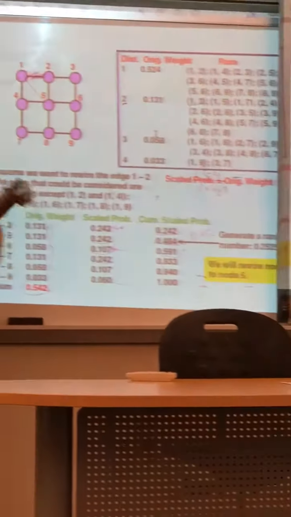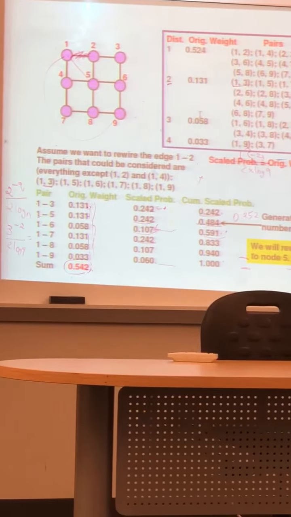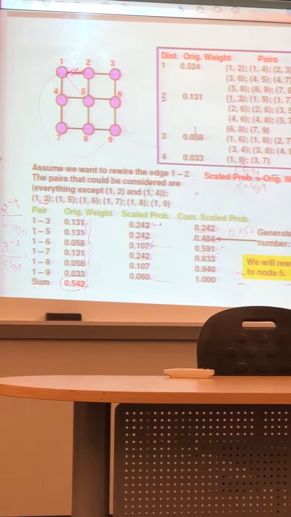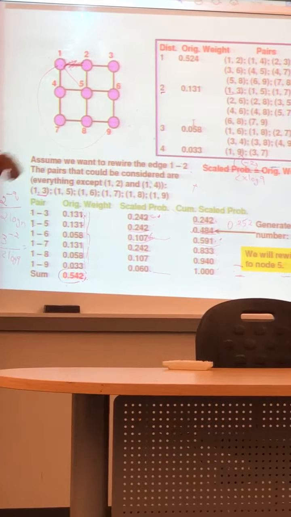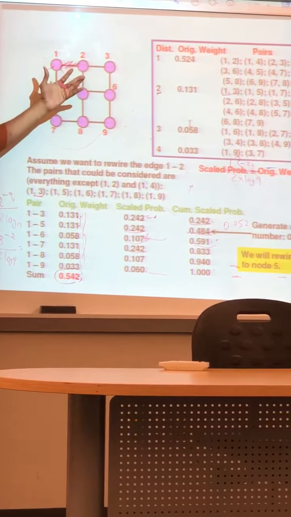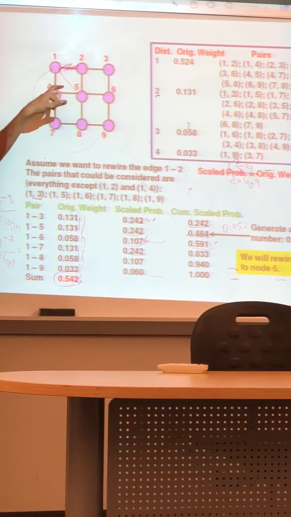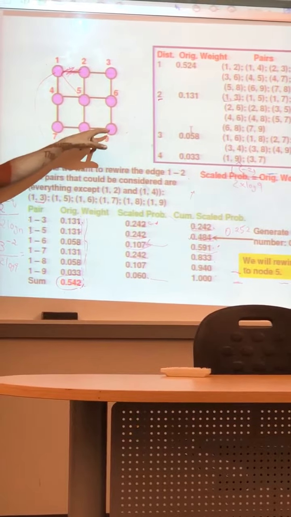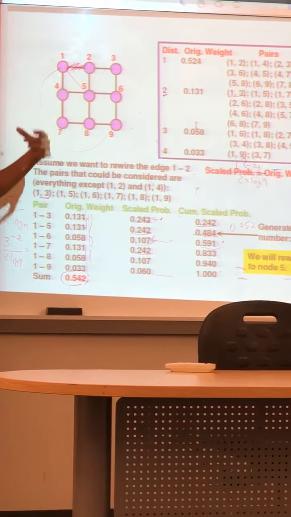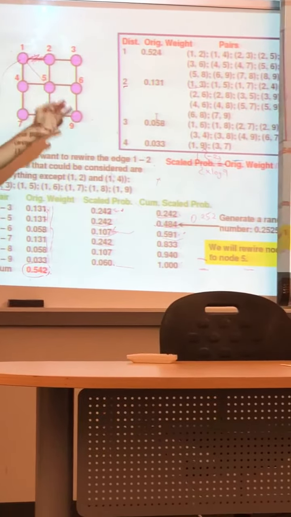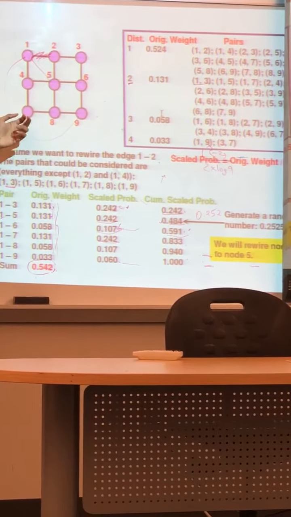So this is mimicking what is possible in reality. If you have a road network and you want to rewire the edges, you try to do this, and this will reduce the path length. It may not reduce as much as the random choice would, but it is really not feasible to just put together two nodes that are very far away from each other. Is that clear?